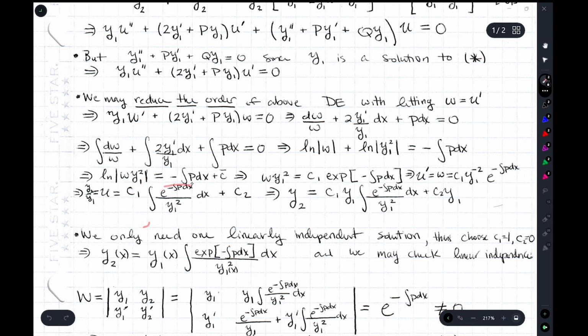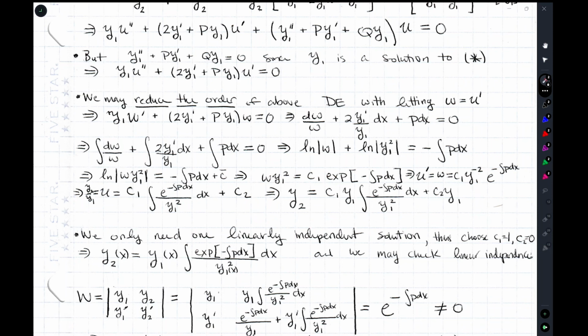This is an integral with an integral inside, okay? Because this is the second integral. This is how we find u. That first integral was how we get w. So here's our second integration, and we solve for y2 by multiplying both sides by y1, and we get this general form right there for what y2 could be.